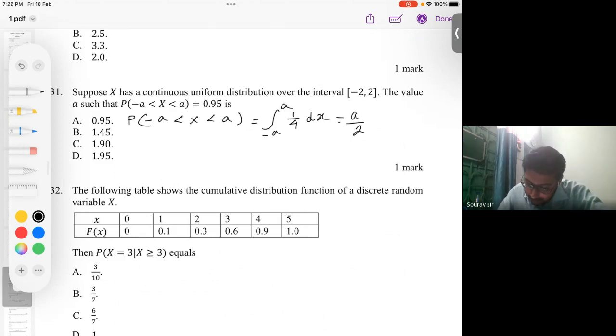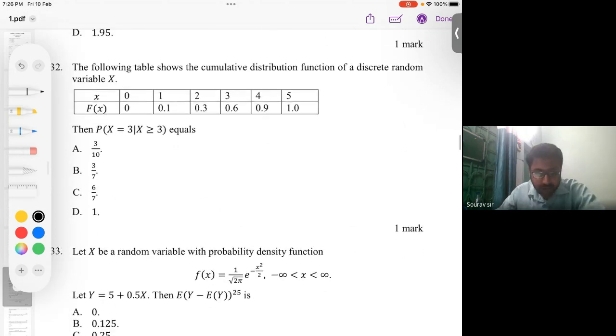This is equivalent to 0.95, which is already given. So A is equal to 2 times 0.95, and you will get the value 1.90. So this is the answer, and the correct option will be option C.